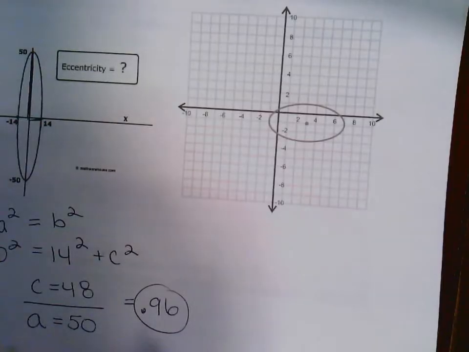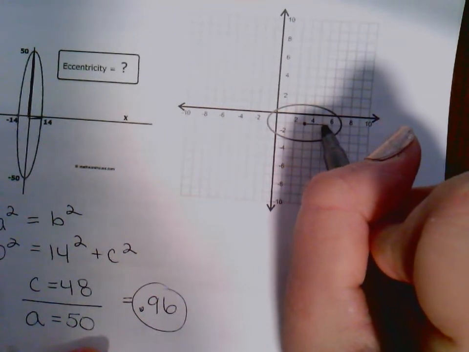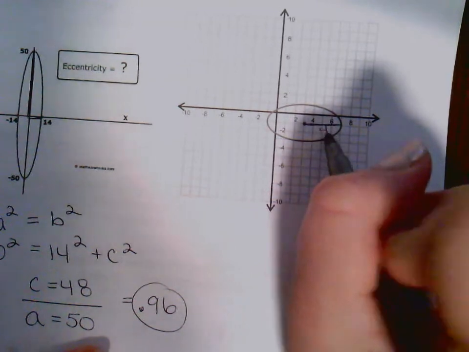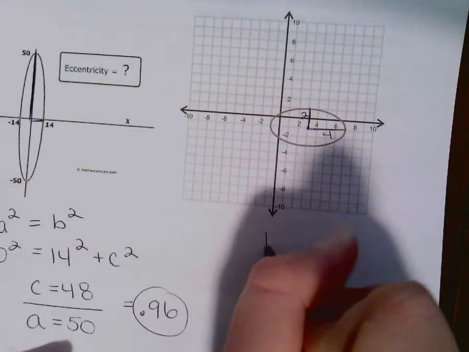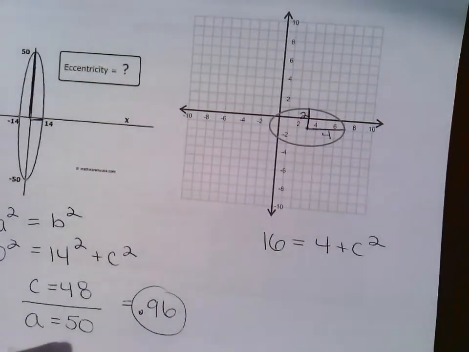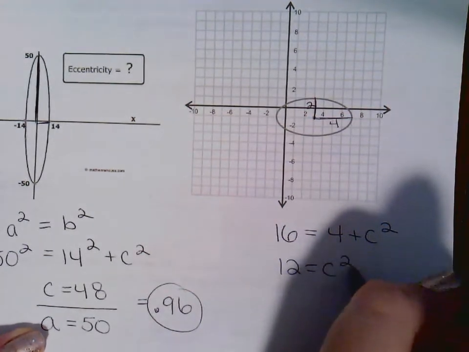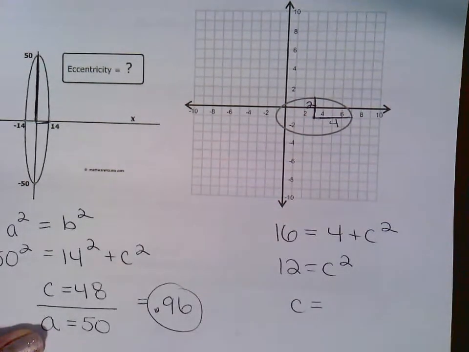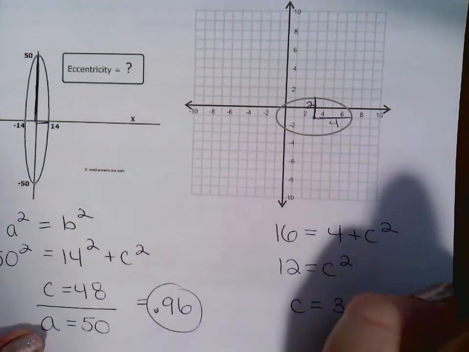All right, number 2. Looks like I've got an A value of 4 and a B value of 2. So A squared equals B squared plus C squared. That means 12 is C squared, and C by itself is 3.46.